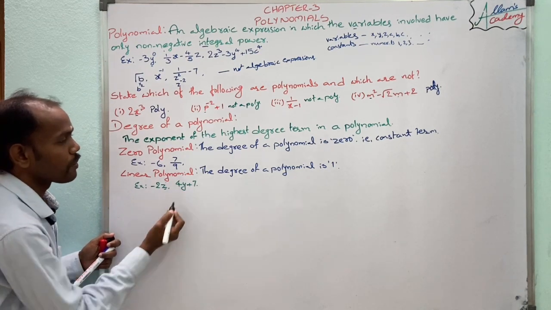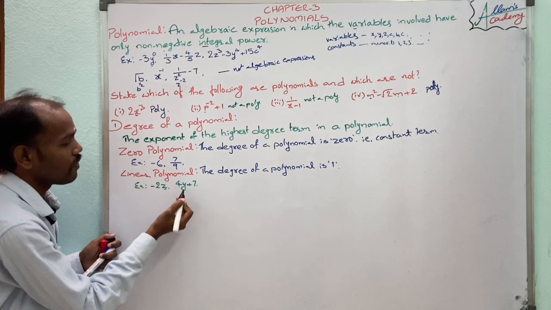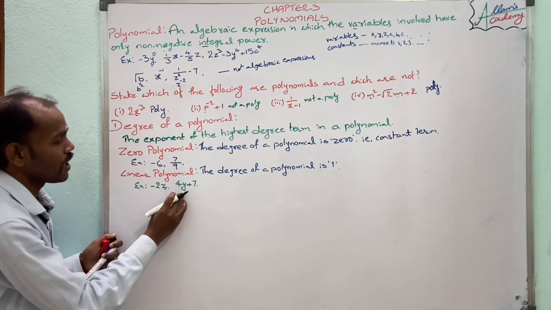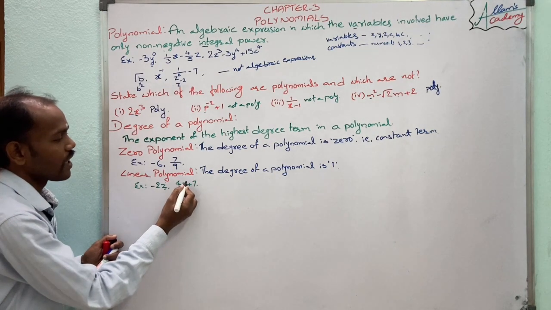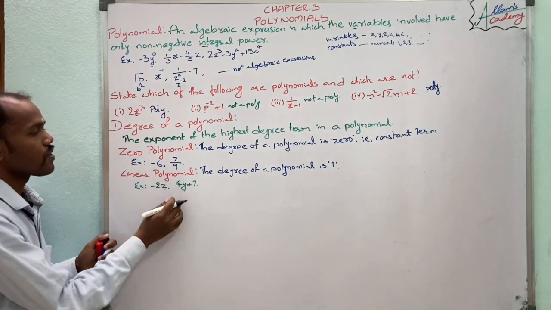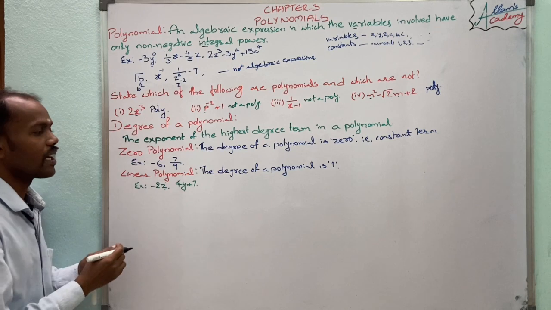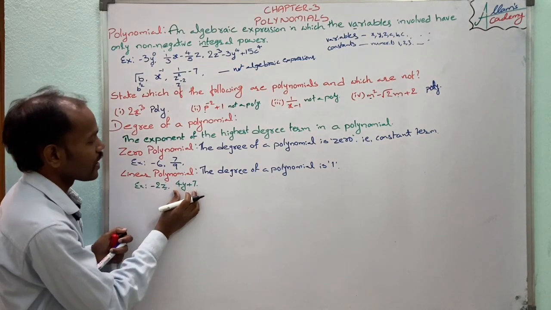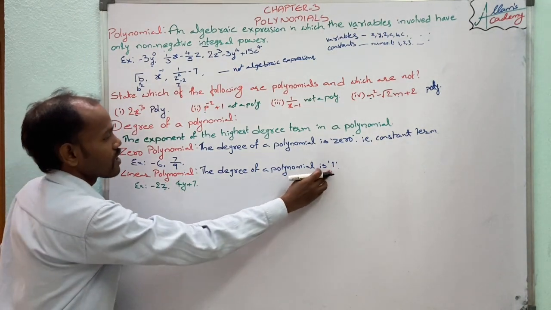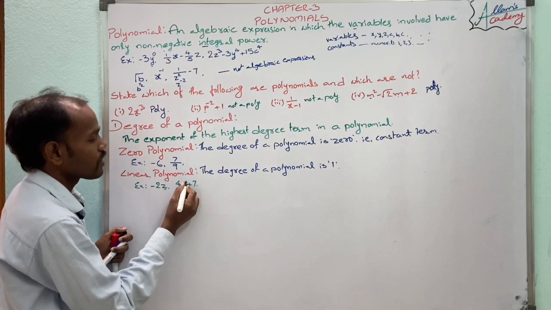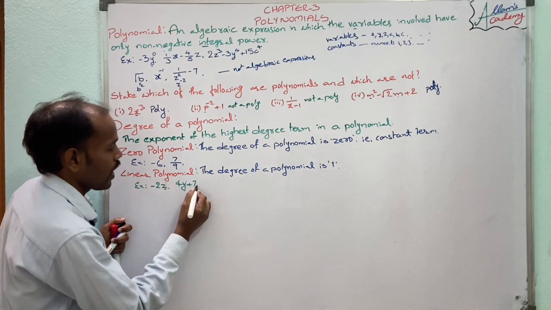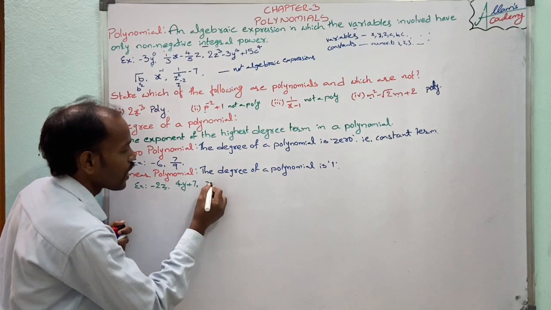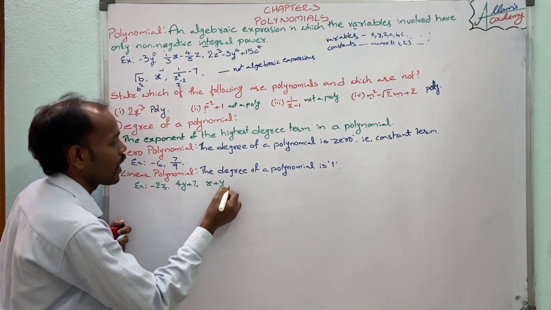In those two terms the variable is y, and y has the exponent 1. So it is also a linear polynomial. The degree of the polynomial is 1 only. Why? Because the exponent of variable y is 1 only.